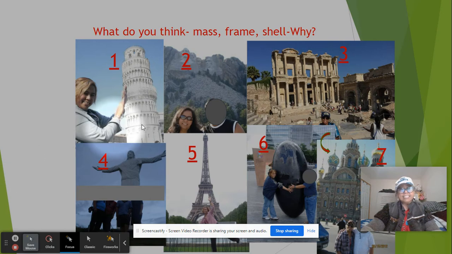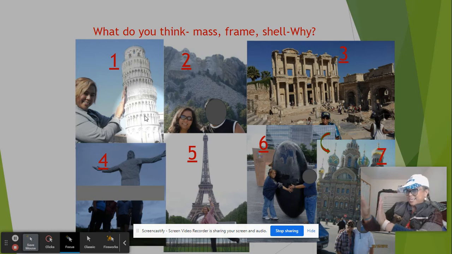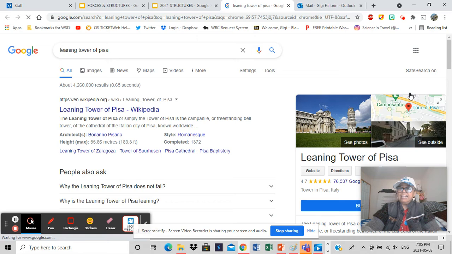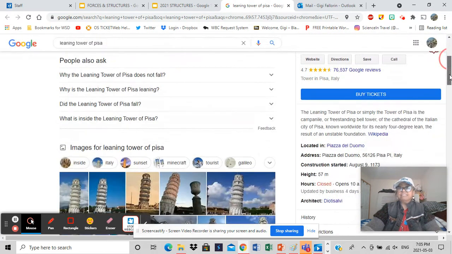So here, for instance, this is a familiar structure. If you get to this place, everyone seems to be doing this iconic pose. We're kind of maybe thinking it would prevent the structure from falling down, right? So what's this? You're right. This is the Leaning Tower of Pisa, right?